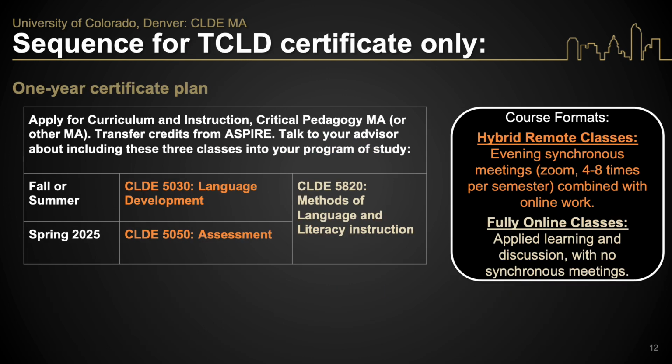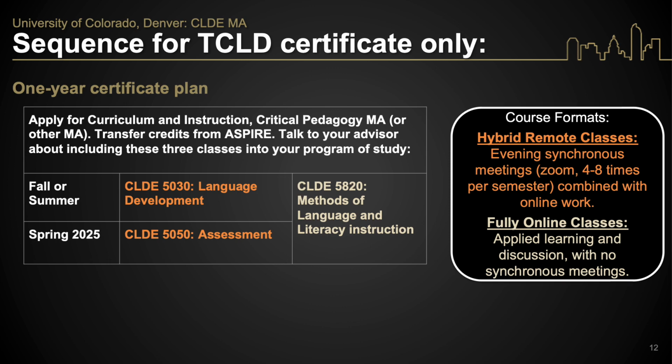The sequence that you would take for the certificate only would be, again, 3 classes, 9 credit hours. You would meet probably with your advisor for the program. If you're doing an MA program like the Critical Pedagogy MA, meet with your advisor to try to figure out how you can work in these 3 classes into your sequence.